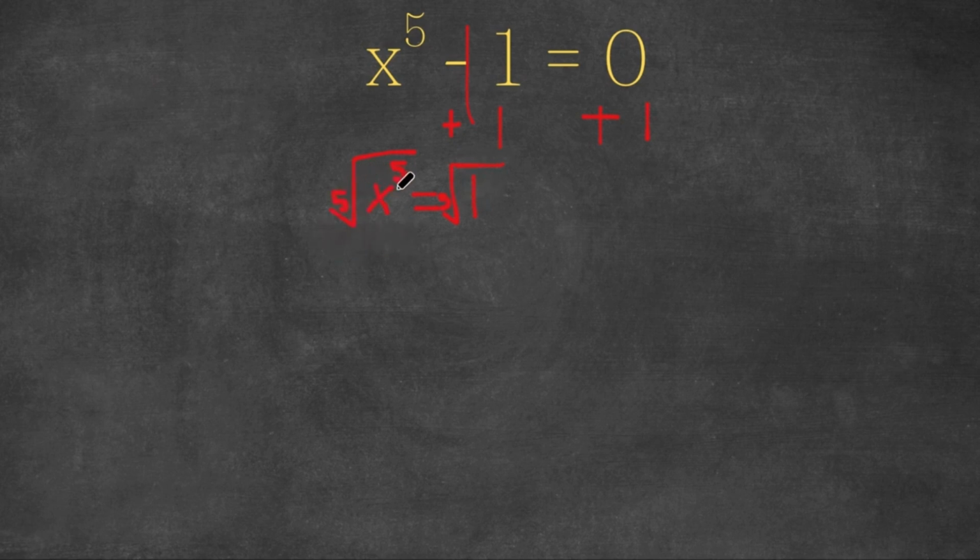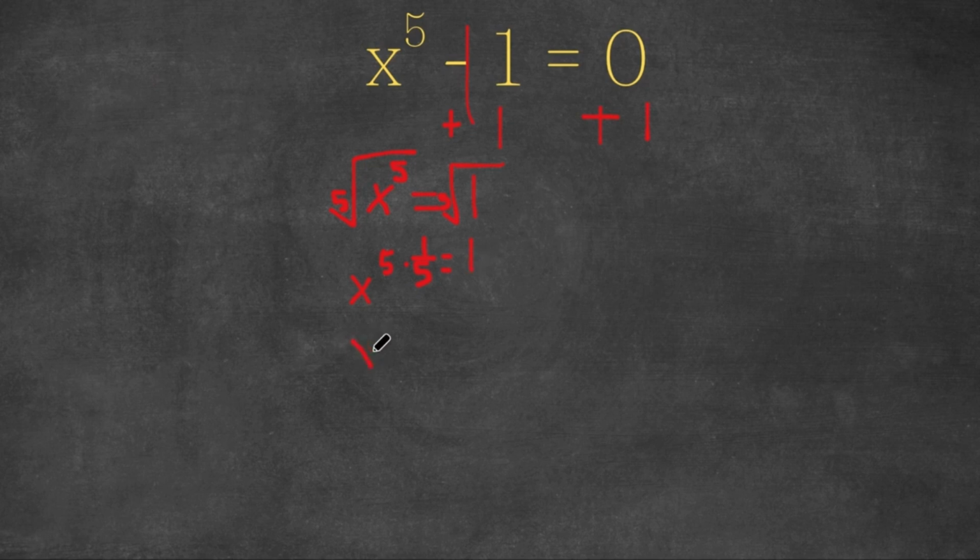Well, this x to the power of 5 to the root of 5, this is the same thing as x to the power of 5 times 1 over 5, right? Because the root of 5 is also 1/5. The square root is 1/2. So what this number is, that's just 1 over that number. And 5 times 1 over 5 is equal to 1, right?